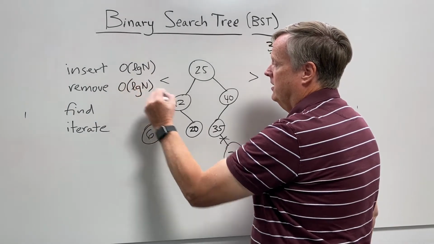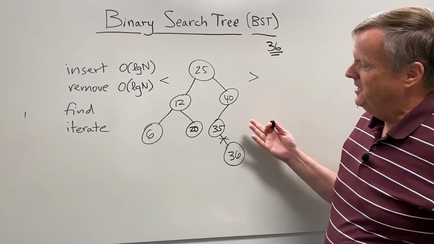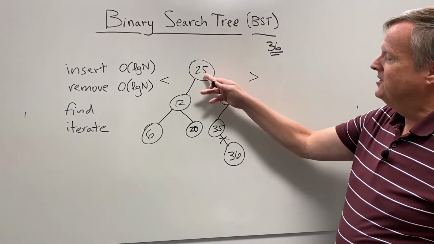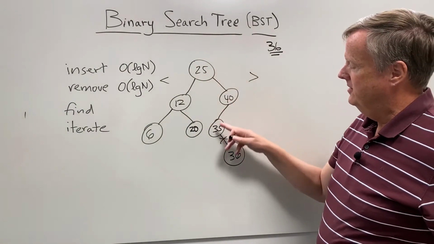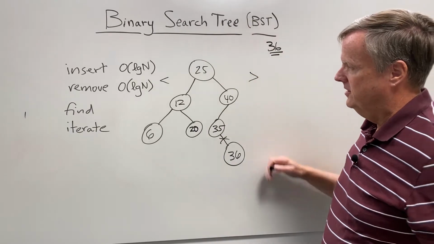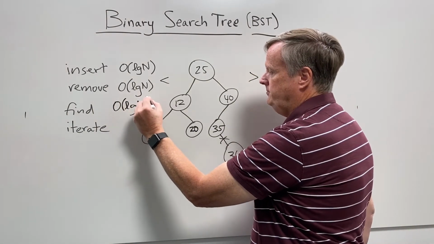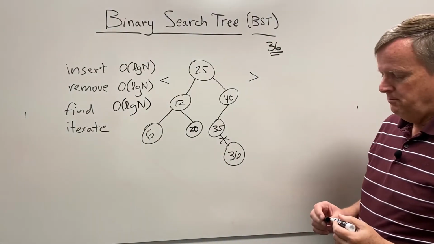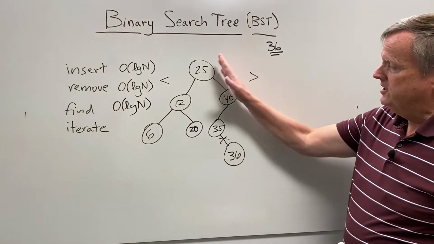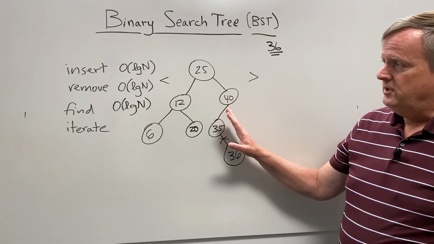Find should be easy. We had to do that already. We did it twice. So find is, again, just walking down one step each way until I get to it. And so that's also a log n. Okay, so those are the basic operations that you do on a binary search tree.